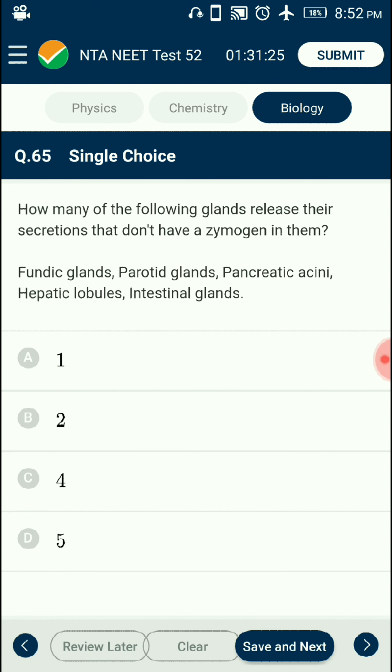Parotid gland secretes salivary amylase, which is not a proenzyme. The enzymes secreted by intestinal glands, such as nucleotidase, nucleosidase, sucrase, lactase, maltase, aminopeptidase, dipeptidase and lipase, are also secreted in the active form and are not zymogens. So the answer for this question is option B. From the given glands, there are two secretions that do not have zymogen in them.